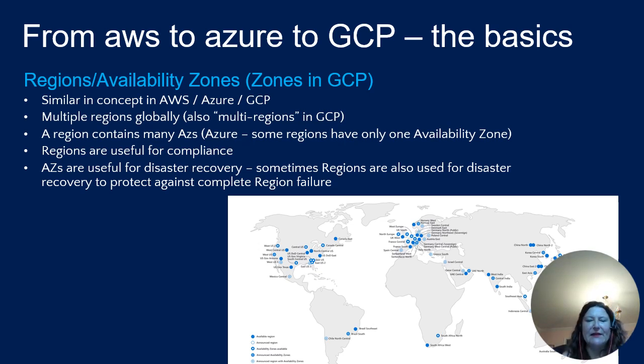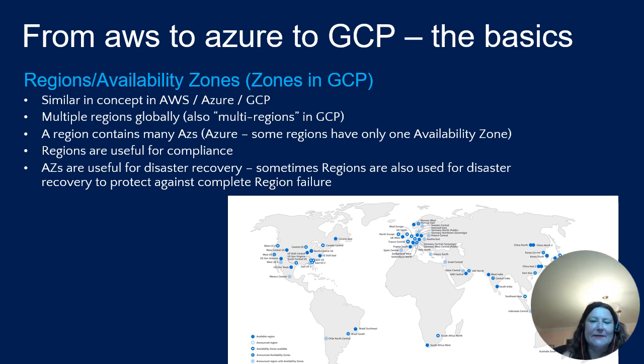You can think of an availability zone as a data center or a group of data centers, and a region is usually an area of a country. For example, there's US East 1 in AWS, and there's something similar in both other clouds, in pretty much the same area of the country too.